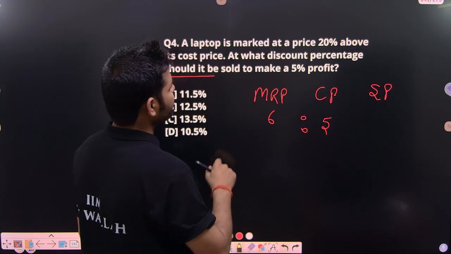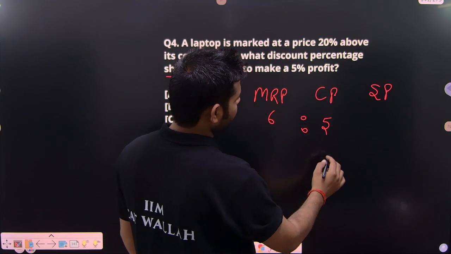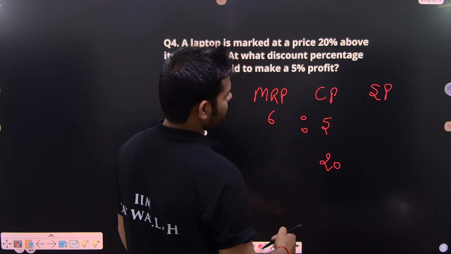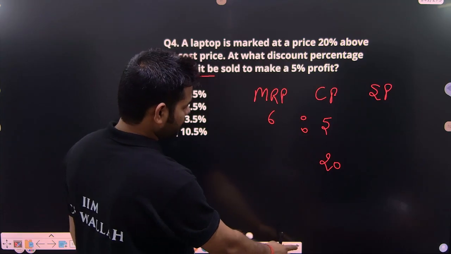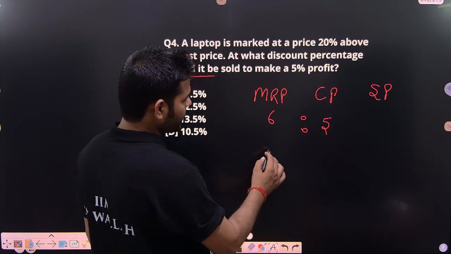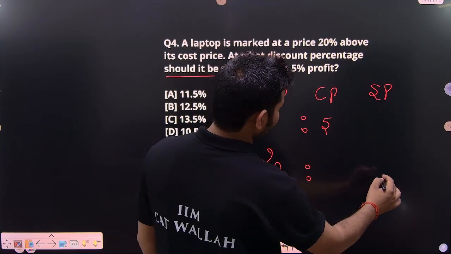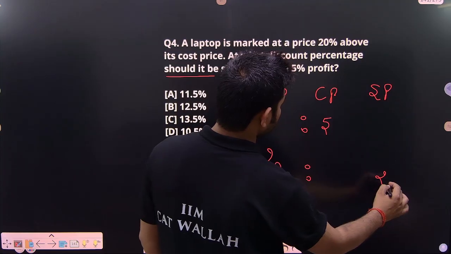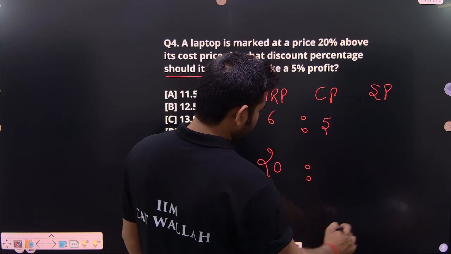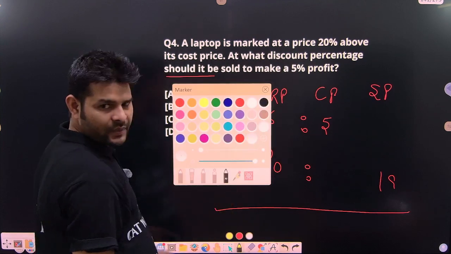And in the second case, discount percent, 25% discount. So 20 is MRP exactly. Basically discount is provided on MRP. So 20 is MRP and discount is 1. So SP would be 20, 19. In both the cases MRP would be the same.